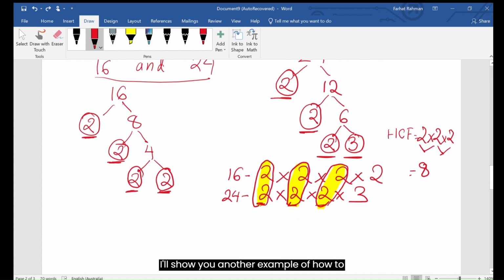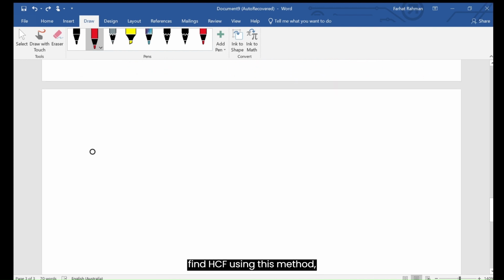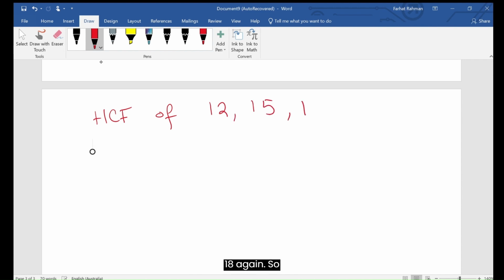I'll show you another example of how to find HCF using this method, prime factorization. Let's find HCF of 3 numbers, 12, 15 and 18 again. So according to the first step, we need to list all the prime factors of the given number.